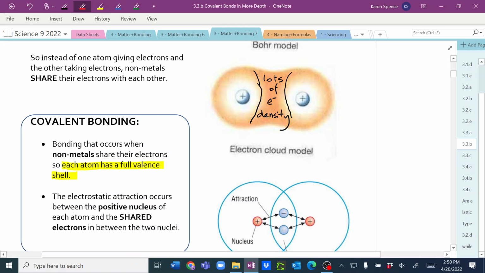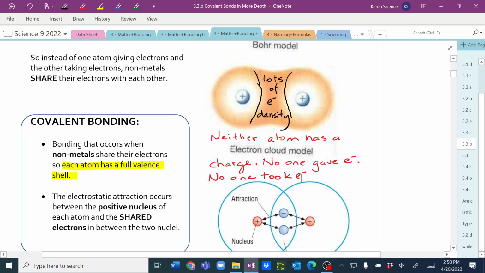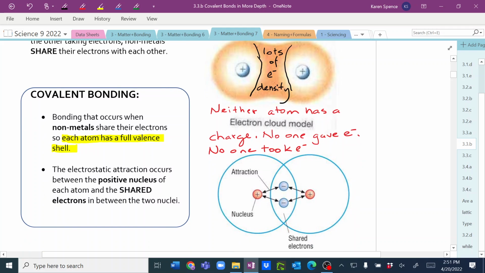Neither atom has a charge. No one gave electrons, no one took electrons. Okay, and then this is just a little bit nicer picture than some that I've drawn showing the attraction between the shared electrons and the nucleus, because of course, professional people who make drawings can draw better than I can.